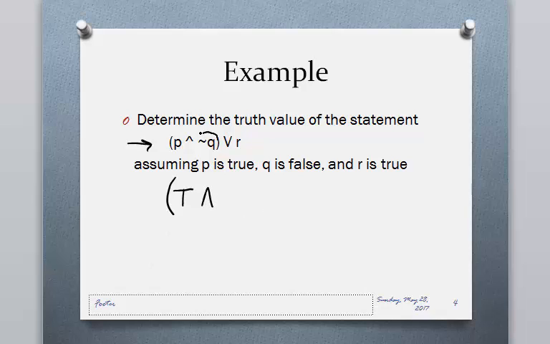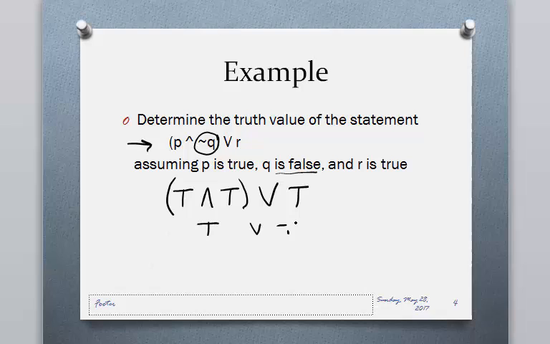Okay, let's look at the negation of Q. Q is false, so the negation of that would be true. Then we have or, R, and R we know is true. Now, inside the parenthesis, if the first statement is true and the second statement is true, the combined statement is also true.